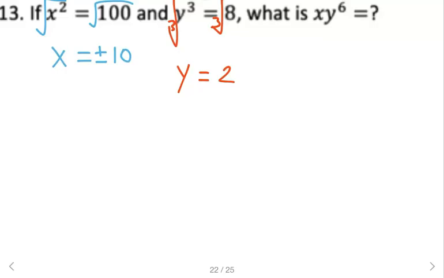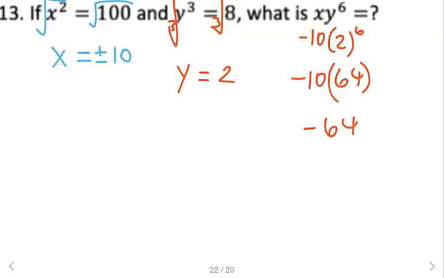So what is x times y to the 6th? Well, we actually have two solutions here. If we plug in a negative 10 for x, 2 to the 6th power, that's 2 times 2 is 4, times 2 is 8, times 2 is 16, times 2 is 32, times 2 is 64. So one possibility is that we'd have negative 640.